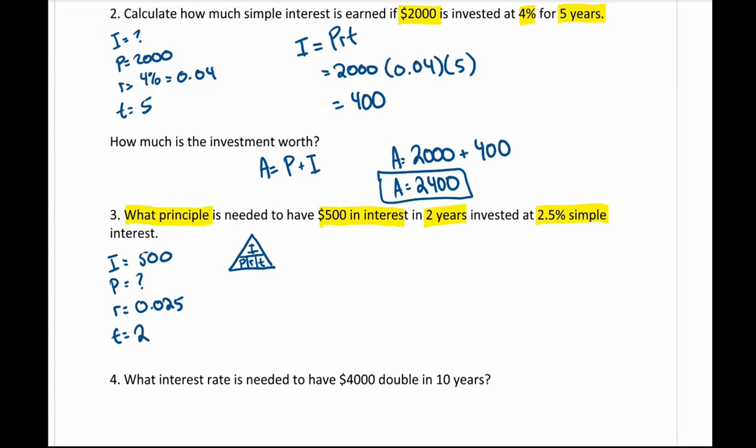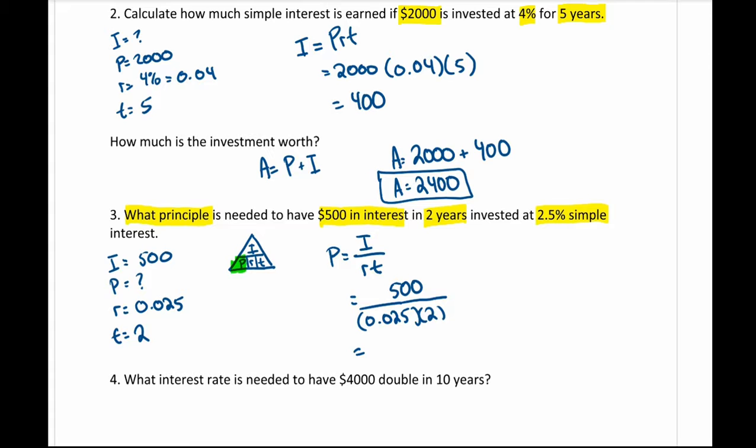So if we're looking for P, let's cover it up. So that means P is equal to, and what's uncovered is I divided by RT. So that's the formula that we're going to use. We can plug in the information that we have now. So 500 divided by 0.025 times 2 will tell us how much we should have initially.